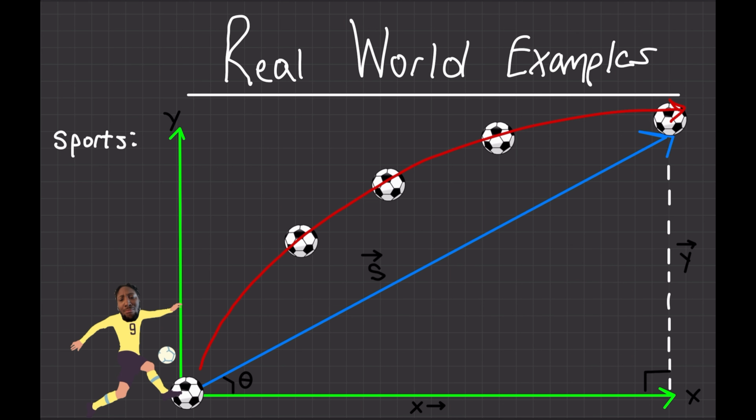I'm not sure if a soccer player is actually calculating the vector, but if we were to actually look at it, it would be pretty useful. I would say more specifically in aviation and navigation. In aviation, pilots use velocity and wind vectors to calculate flight paths, or in GPS systems, which rely on displacement vectors to guide you from one point to another.